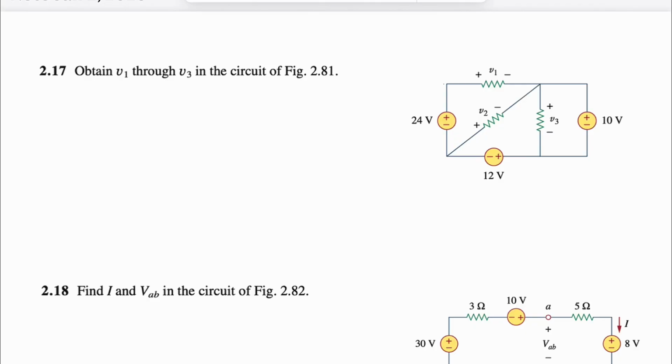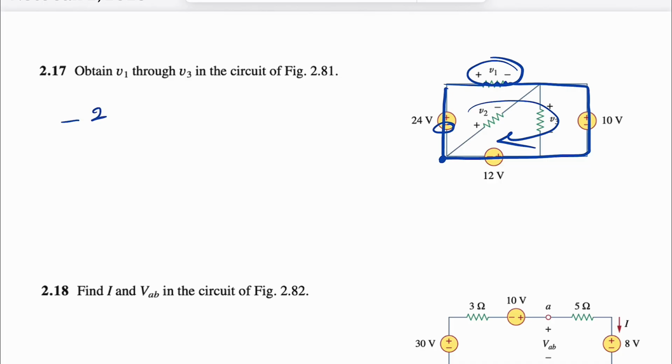If we go with the outer loop, which is this one, we should be able to find V1, and we can go either clockwise or counterclockwise. Let's do clockwise. Starting from this point, we enter the negative terminal of this voltage source, so negative 24.